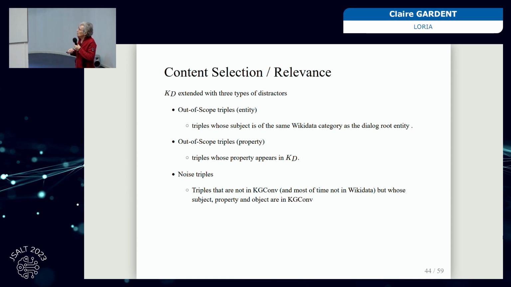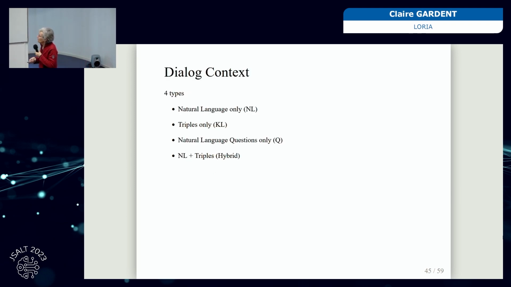And the third one is just a random triple that has nothing to do with the current dialogue. And then we also experiment with different types of contexts, because we can train on the context where you have only natural language, or only triples, or both. And also we had one option where you take only the question and ignore the answers.